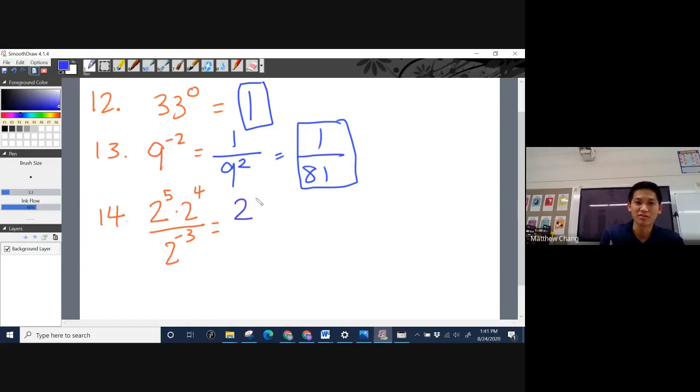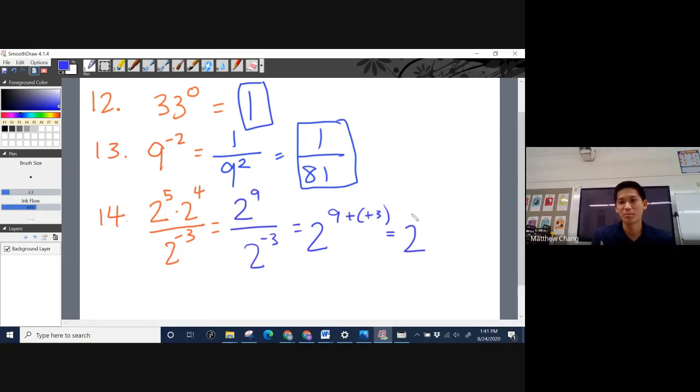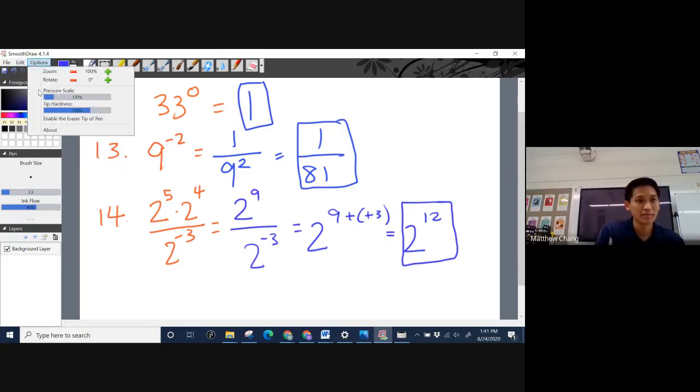So 5 plus 4, so this is 2 raised to the 9 divided by 2 raised to the negative 3. Next, I see division, so I'm going to subtract the exponents. So this is 2 raised to the 9 minus a negative 3. If you guys get something like this, the two negatives should cancel out. So you get 2 raised to the 9 plus 3. So that's 2 raised to the 12th power, right?